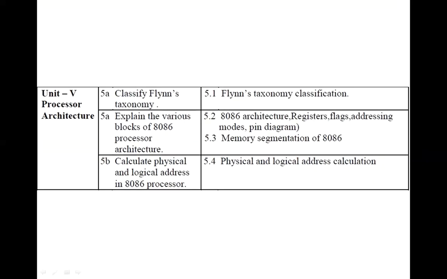Unit 5, that is the last chapter of the subject, is processor architecture, which includes Flynn's classification, the 8086 processor, and address calculations. So these are the 5 units that are to be learned by a student in the subject digital memory systems.